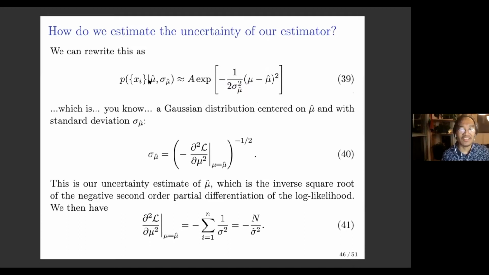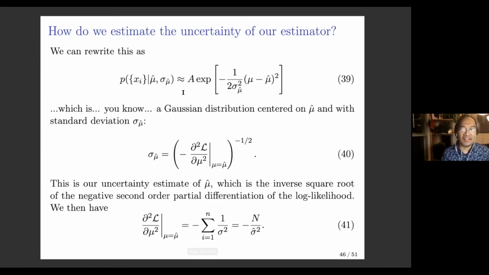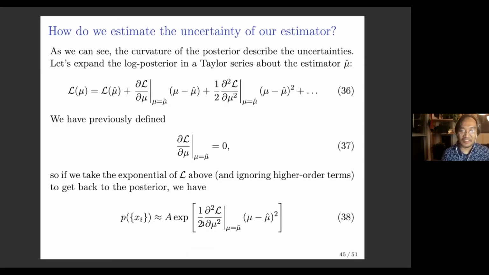Sorry, I didn't write it correctly. This is supposed to be the probability of the mean. Anyway, if we look at this, this is the variance of our estimate. This is the variance of the mean.